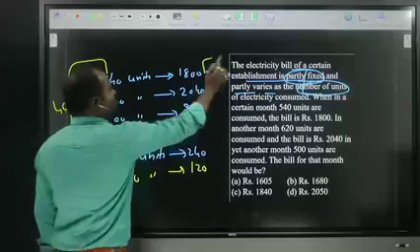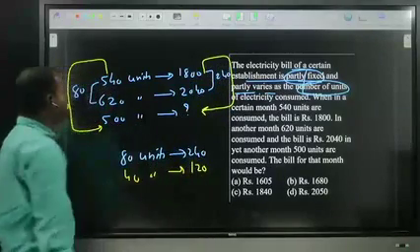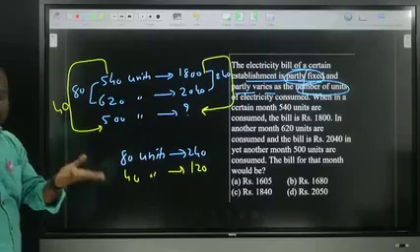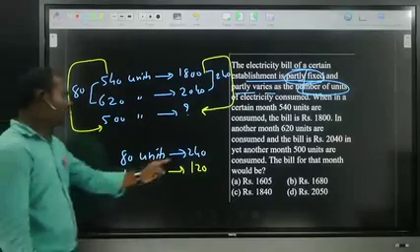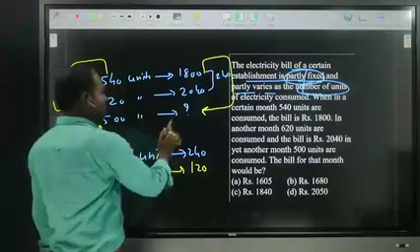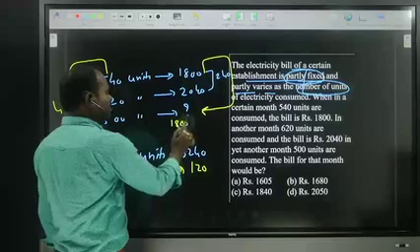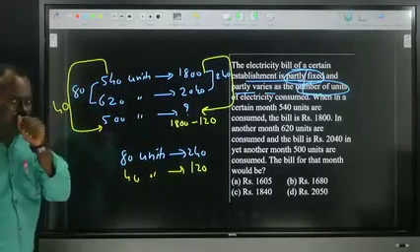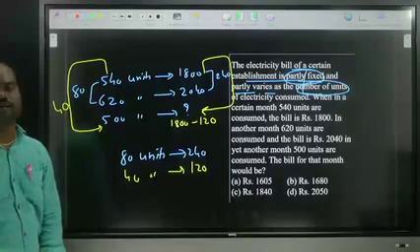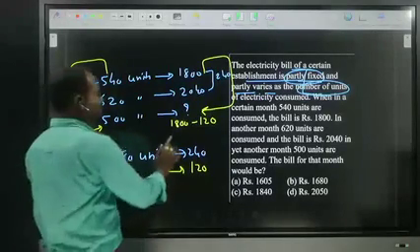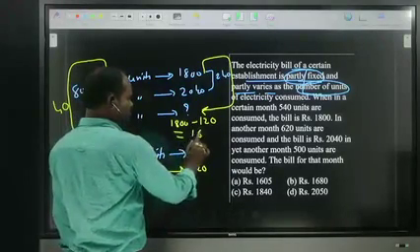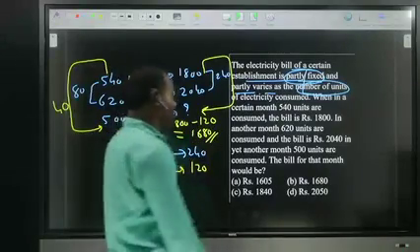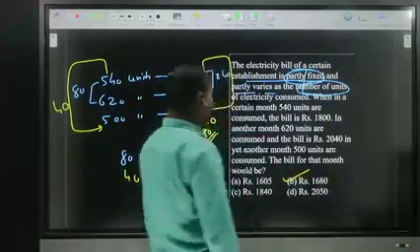From here to here 40 units are reduced, that's why 40 units' worth of bill will be reduced. For 40 units, 120. So here the bill is 1800 minus 120. 1800 minus 120 is 1680.